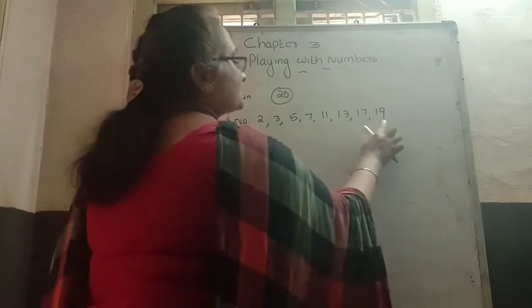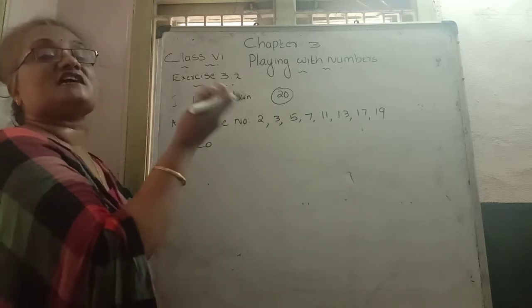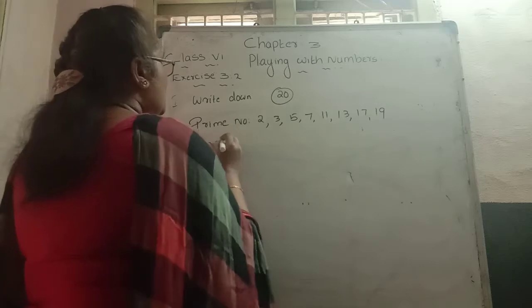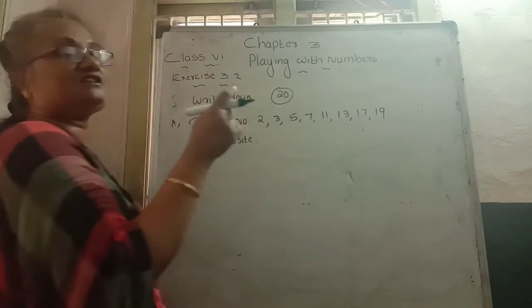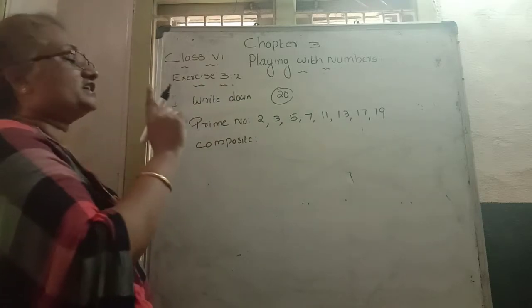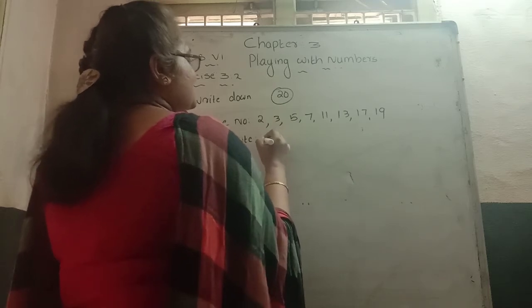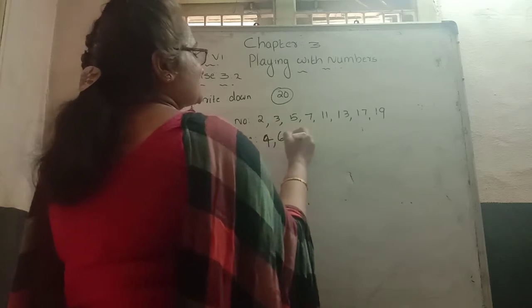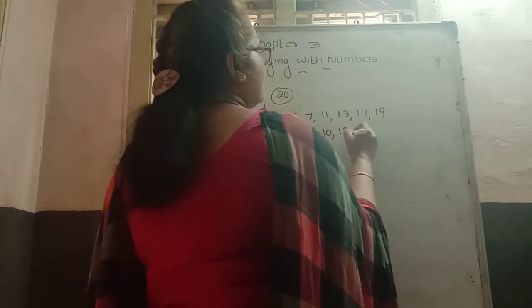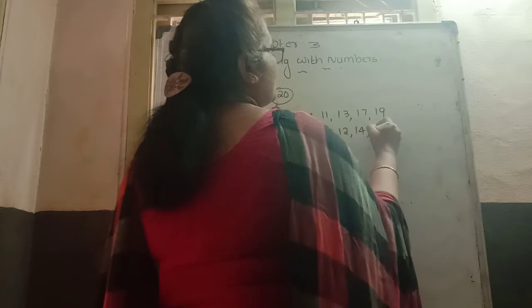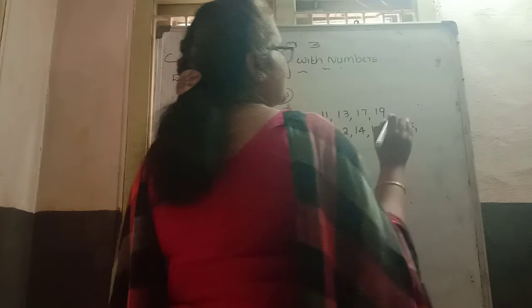They ask to write down the prime numbers and composite numbers separately. So what are the composite numbers in the 1 to 20 numbers? Which are the composite numbers? 4, 6, 8, 9, 10, 12, 14, 15, 16, 18 and 20.